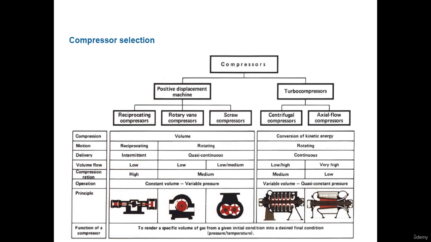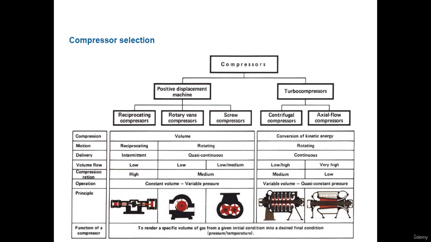From the motion perspective, it is reciprocating in the reciprocating type and rotating for the rotary ones, screw and rotary vane, liquid loop and liquid ring. And the centrifugal one is rotating.